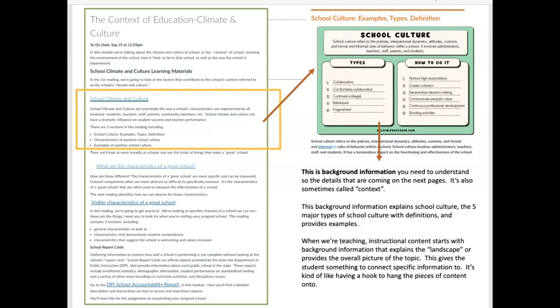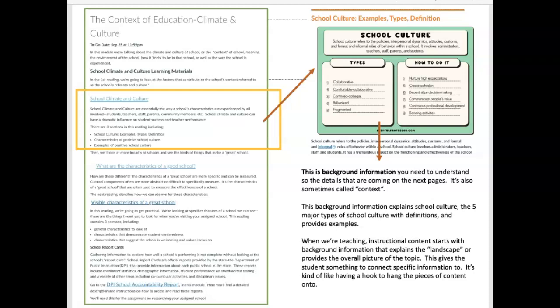There are characteristics that you can look for, but like I said, this is background information. So what I'm asking you to do is to read through the background information and understand the broad concept of school culture. And then I'm going to have you observe for and research the details. I hope that helps. I hope that makes a little bit more sense.